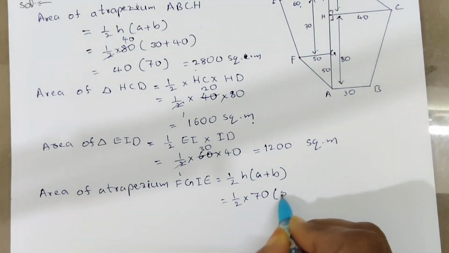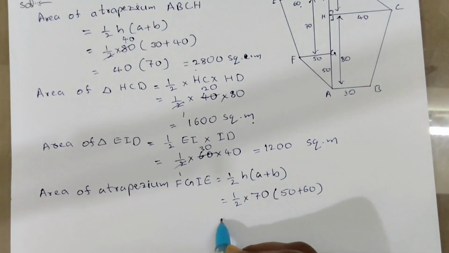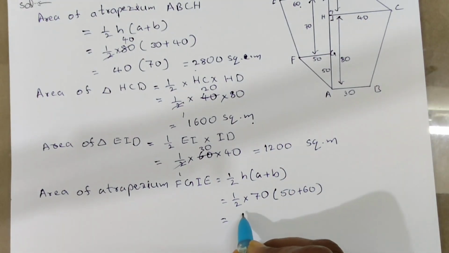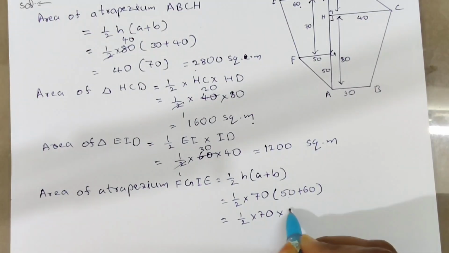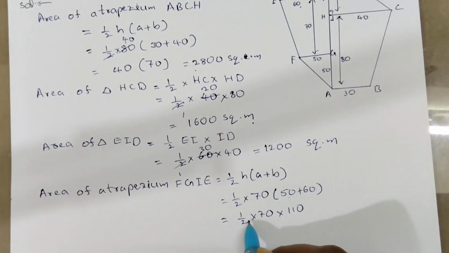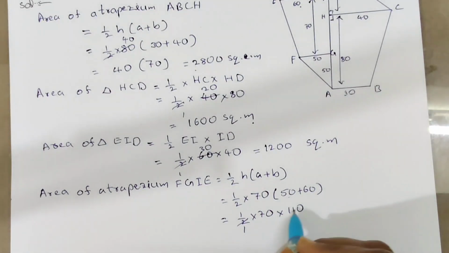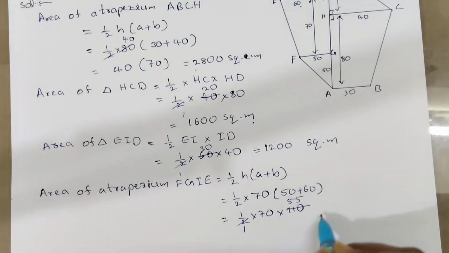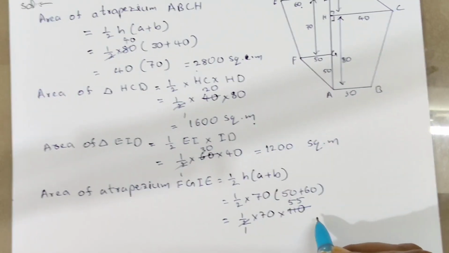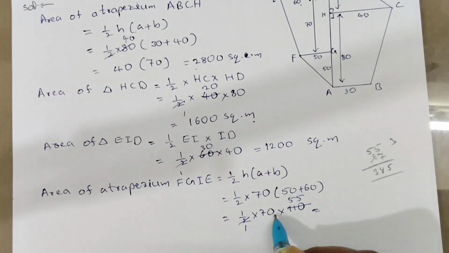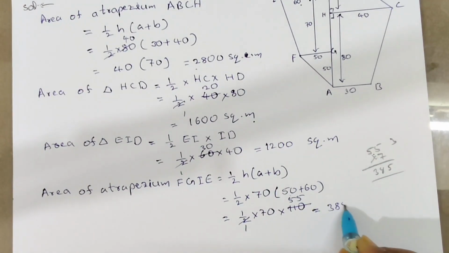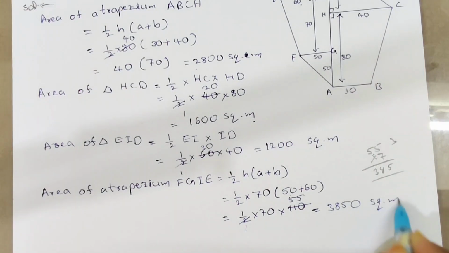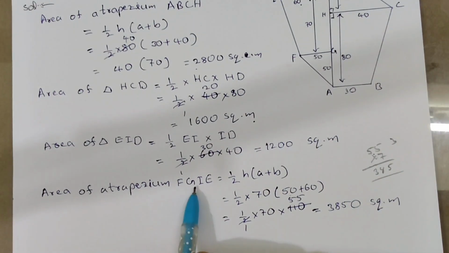So 50 plus 60 is 110. 1 by 2 into 70 into 110. Two 55s are 110, so 70 into 55 is 3850. 3850 square meters is the area of trapezium FGIE.